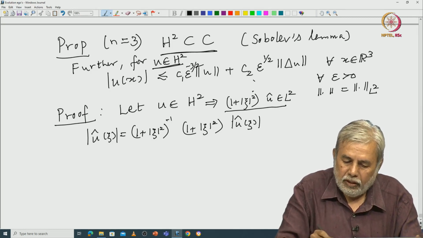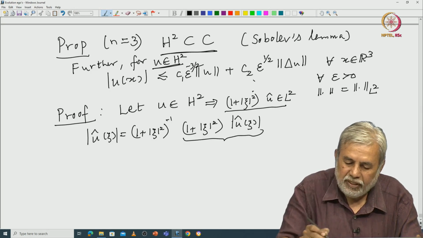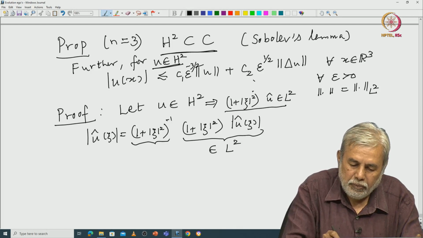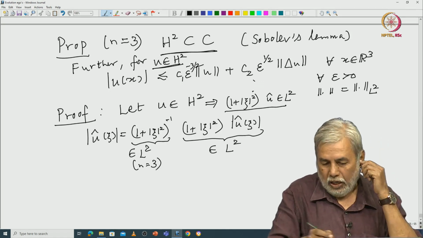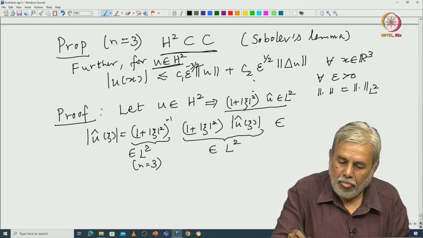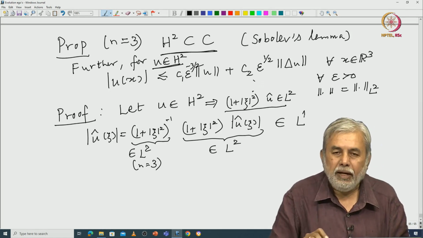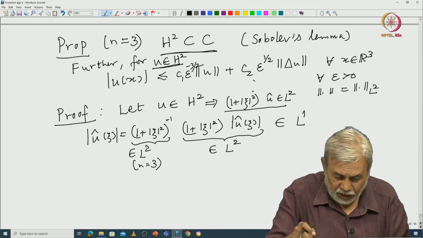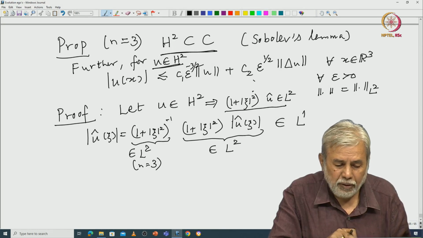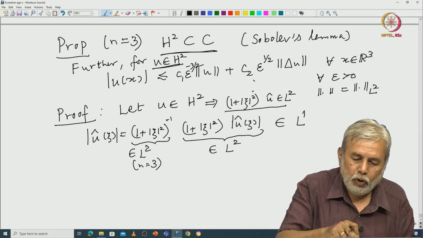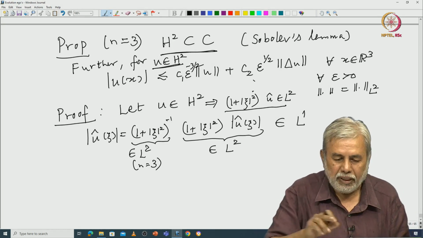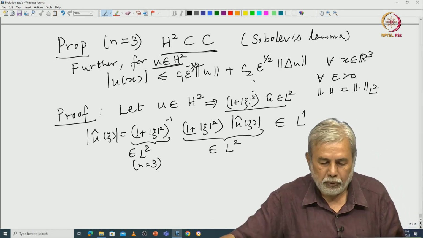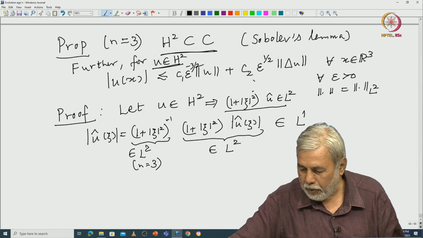So, this is in L2 by the definition of H2, and this is in L2 because n equal to 3. Here we are using that, so this is in L1. If I take the inverse Fourier transform, automatically I get u is bounded. That is fine, but we want this estimate.